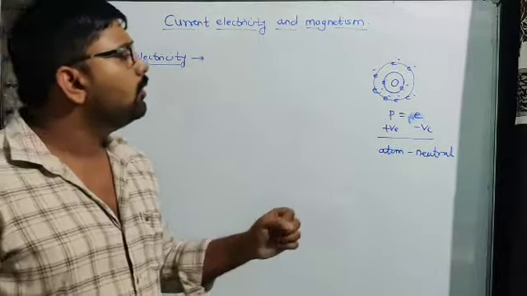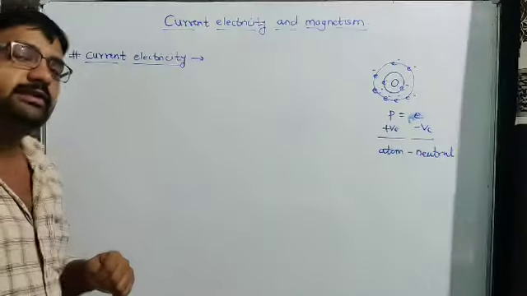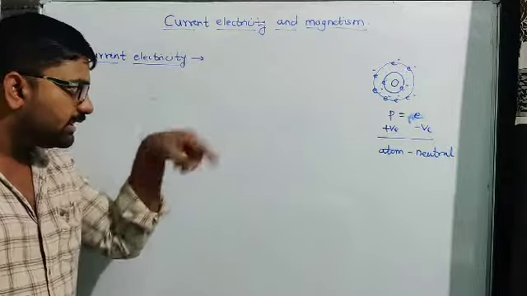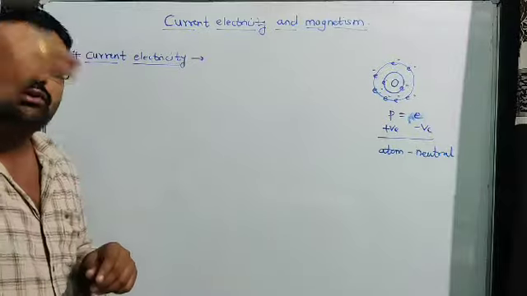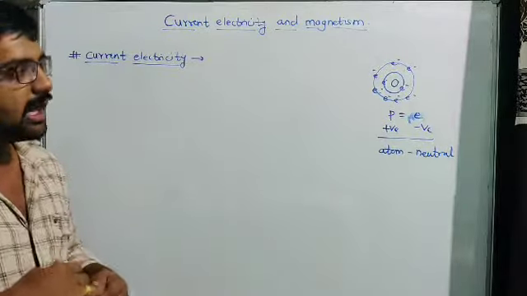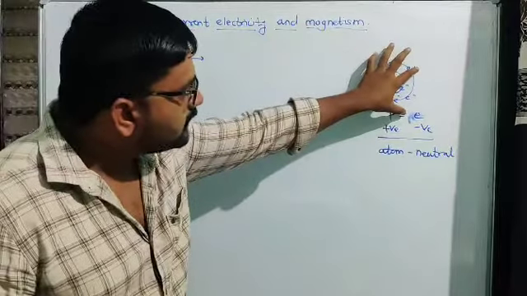Now, in electricity, we know electrons are present around the shell. In an atom these electrons are stationary.